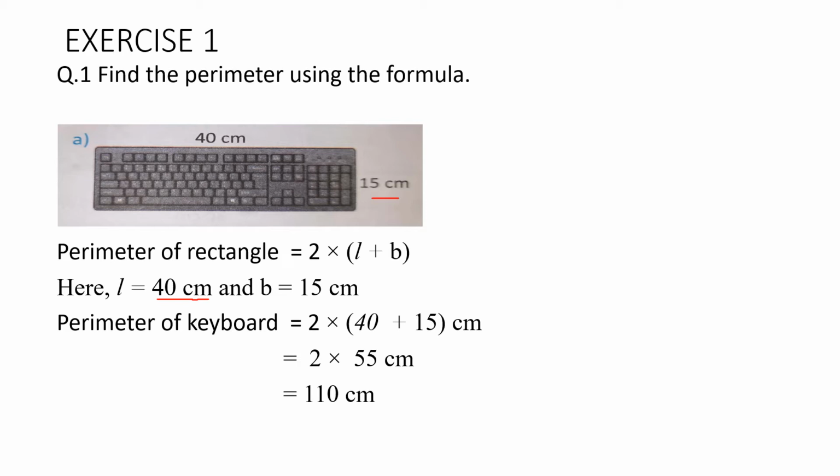So the perimeter of a rectangle is twice into L plus B. The length is 40 and the breadth is 15. 40 plus 15 gives us 55 and we are multiplying by 2 because if this is 40, this is also 40, we have two lengths, and this is 15, so this is also 15, we have two breadths. So 2 into 55 will give us 110 centimeter.